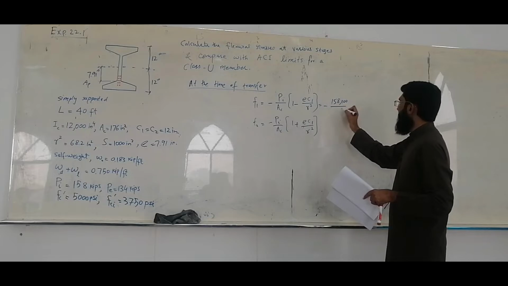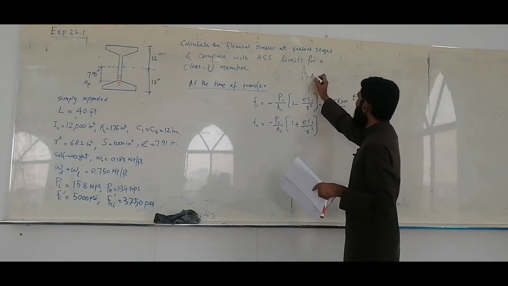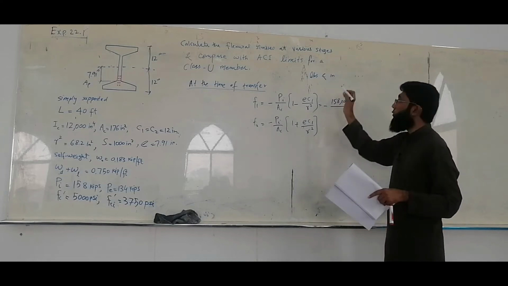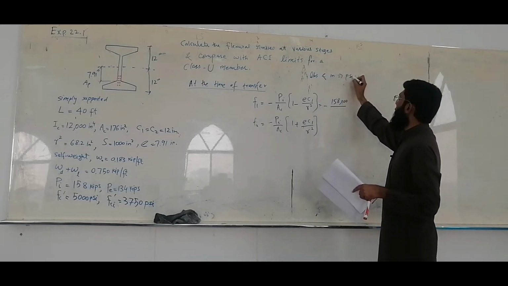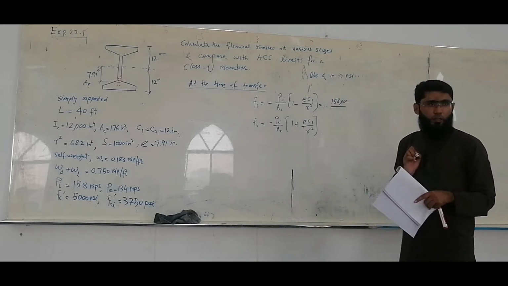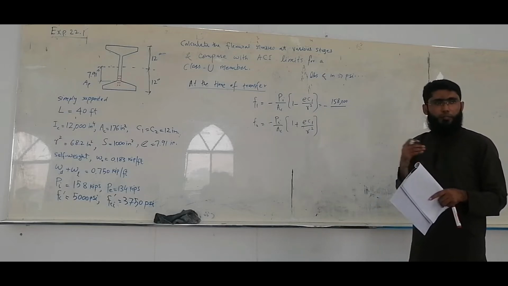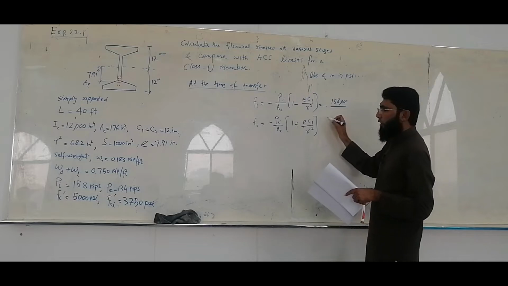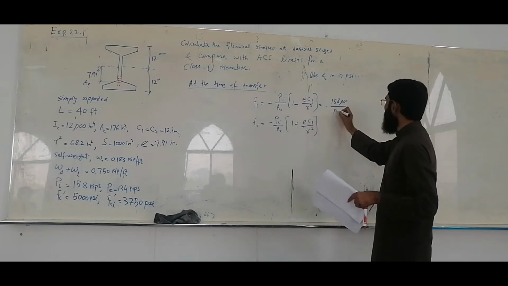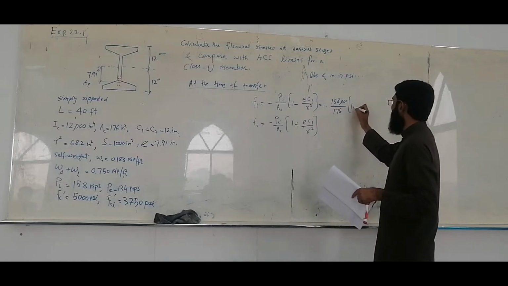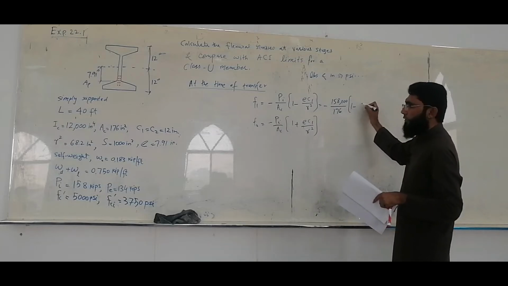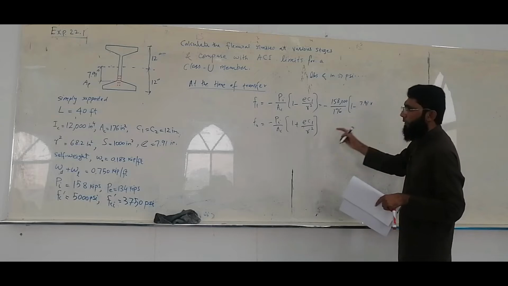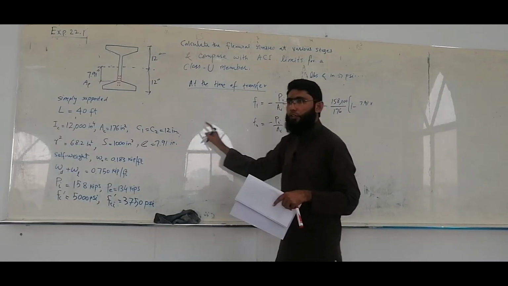I'm going to work in pounds and inches, so the stress would be in pound per square inch, PSI. In all cases we will work in pounds and inches. So 158,000 over AC, which is 176 inch square, times 1 minus E value 7.91 times C1, and C1 and C2 both are the same, 12 inch.